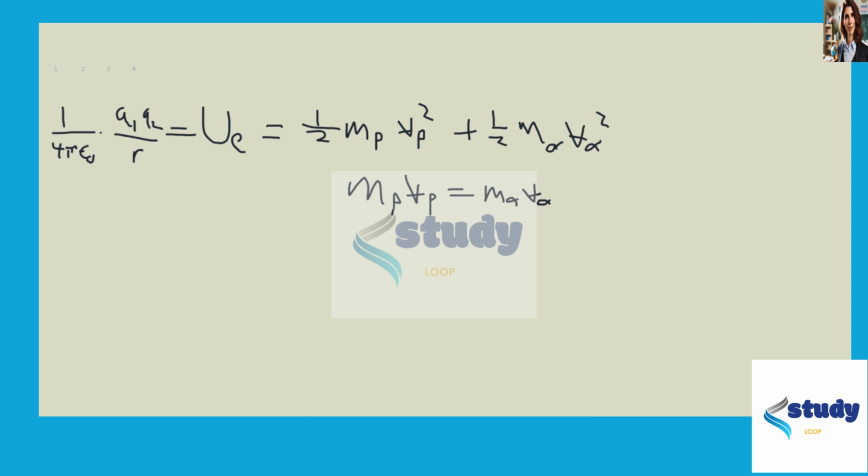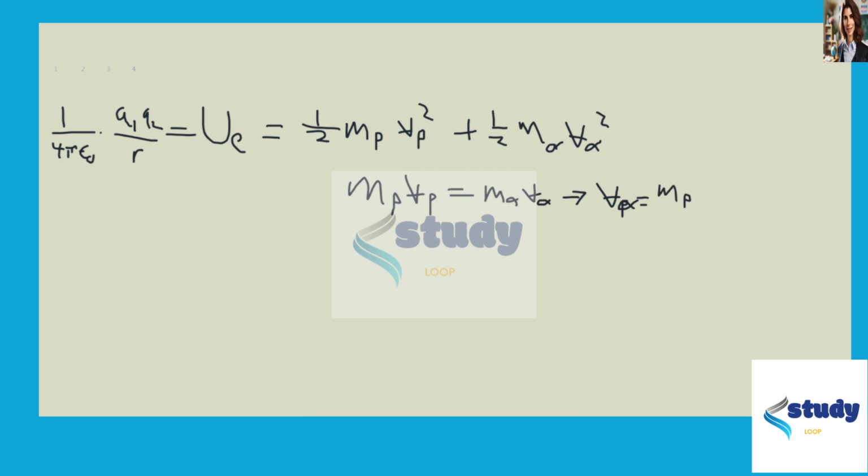So with this, we have two different equations and two unknowns, so we should be able to solve this. And to make our lives a little bit simpler, let's solve this for the velocity of the proton. Actually, let's solve it for velocity of the alpha particle, because I don't want to write this alpha more times.